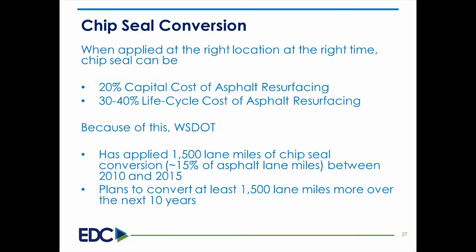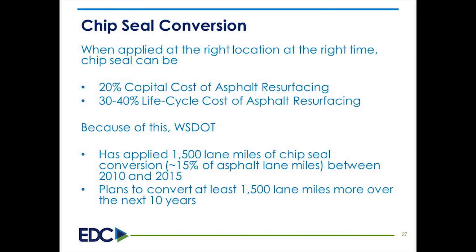Yeah, another strategy is what we call our chip seal conversion program. This is, again, going back to that table where we saw that chip seals were about 1/3 the life cycle cost of an asphalt surface pavement.